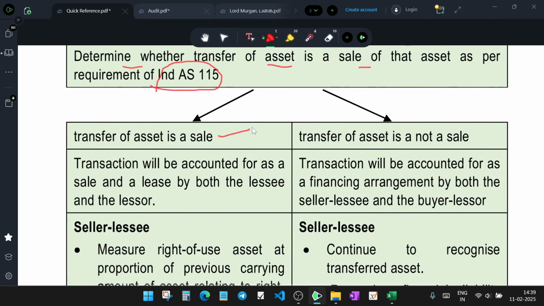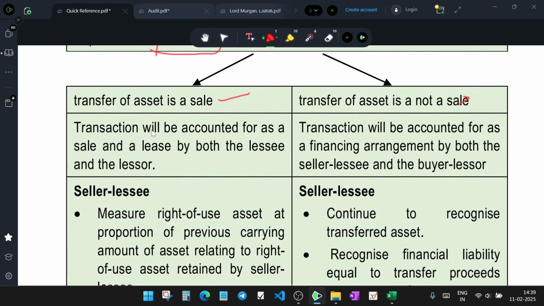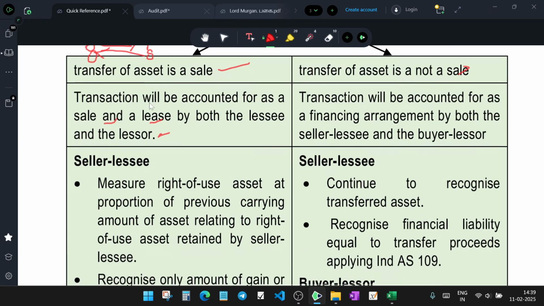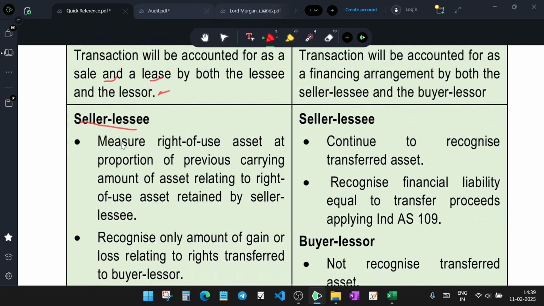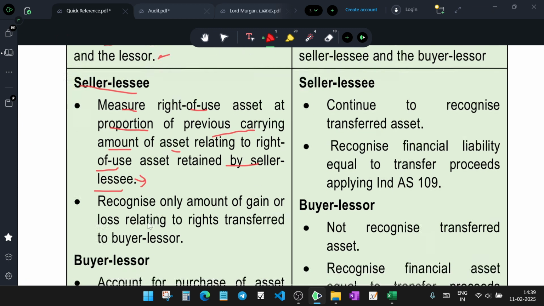Where the transfer of the asset is a sale, the transaction is accounted for as a sale and lease by both the lessee and lessor. Yes, he will account for the sale, then he will become the lessee. Here he will purchase the asset, then he will lease it back, so both will account for both. The seller-lessee measures the right-of-use asset at the proportion of the previous carrying amount of the asset relating to the right of use retained by the seller-lessee.